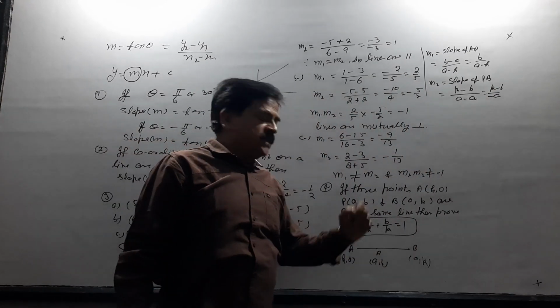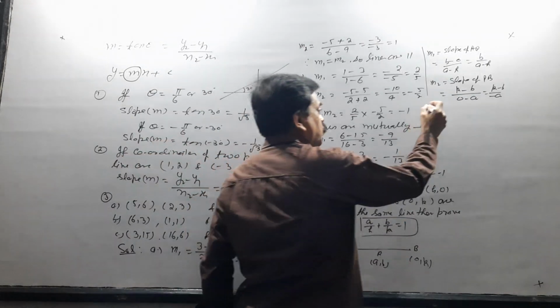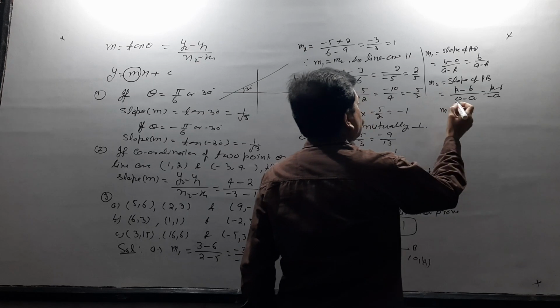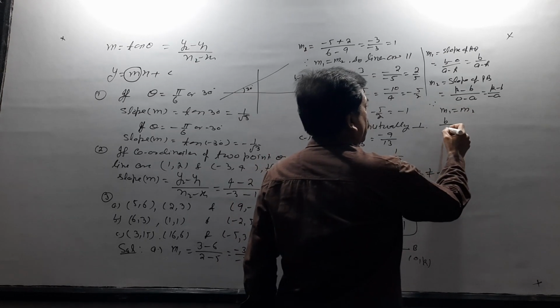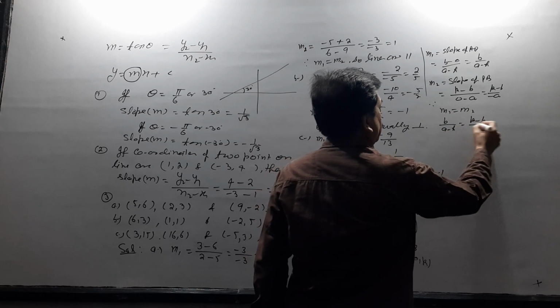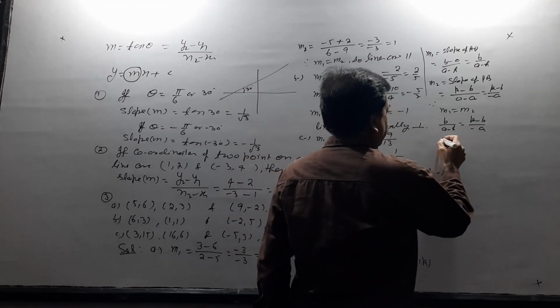And the points are in the same line, so slopes of AP and PB are equal. Use this condition, m1 is equal to m2. Since m1 equals m2, b upon a minus h, value of m1, k minus b upon minus a, value of m2, and solve them.